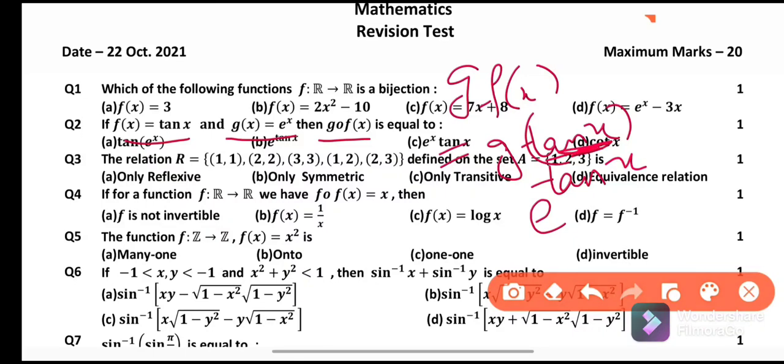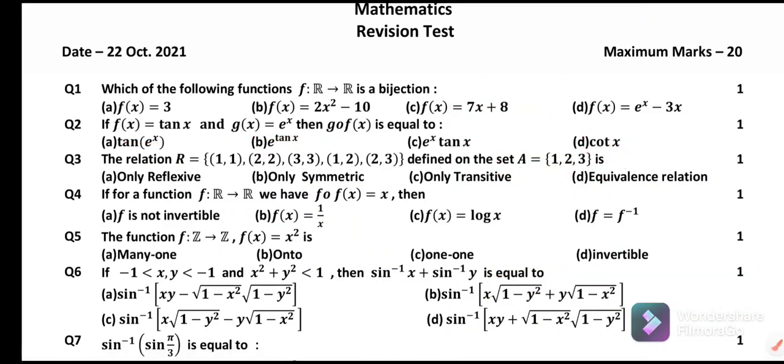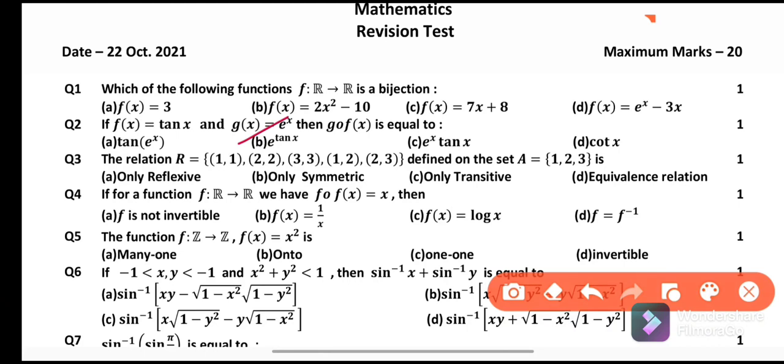Change x with 10x, we get e raised to the power 10x. So answer is B option.